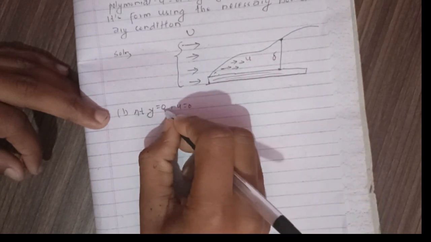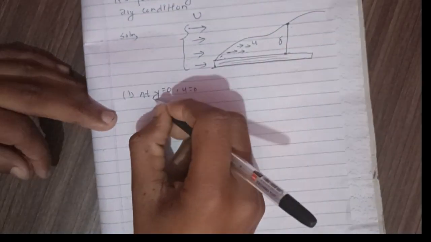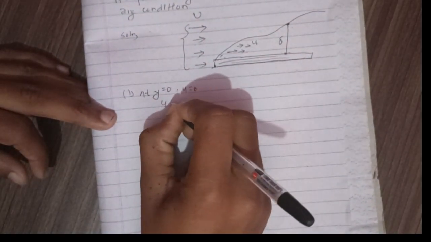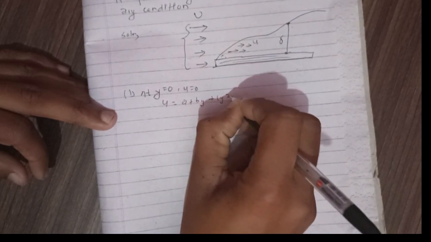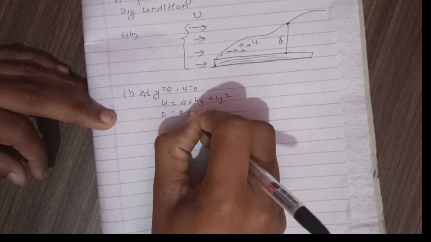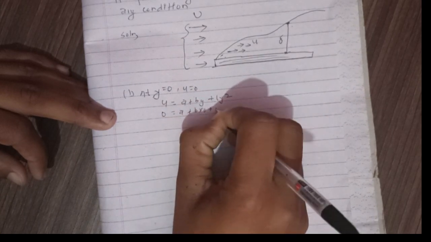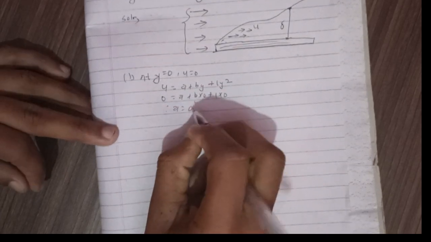So when y is 0, u is also 0. Now substitute this value in the equation u is equal to a plus by plus cy square. U is 0, by is also 0 and cy square is 0. Therefore, we got a is equal to 0.